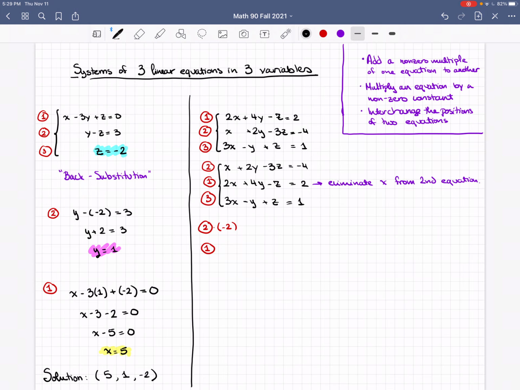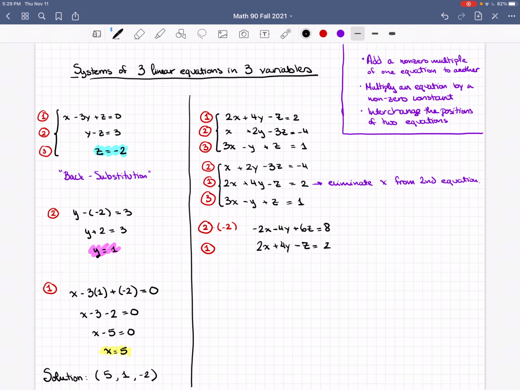There we go. So that gets me -2x minus 4y plus 6z is equal to 8. And then the first equation is 2x plus 4y minus z is equal to 2.